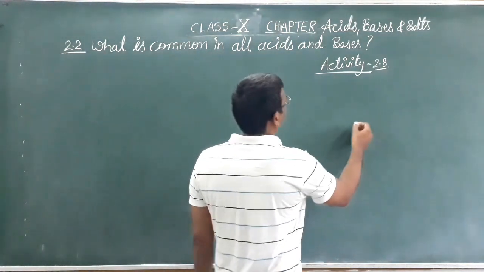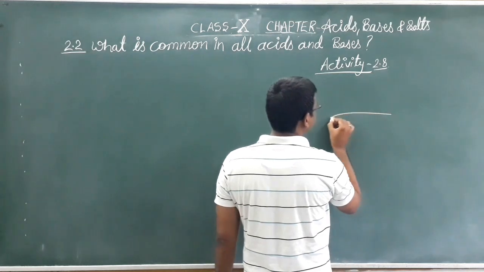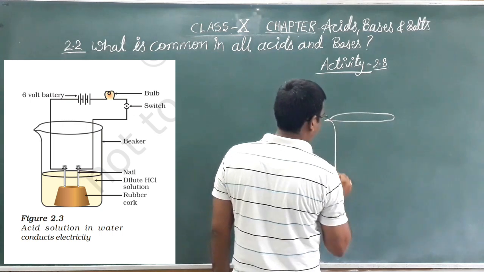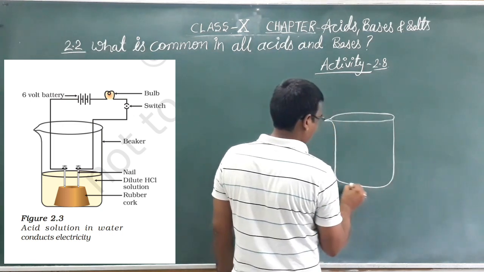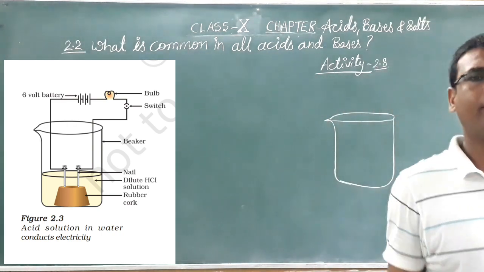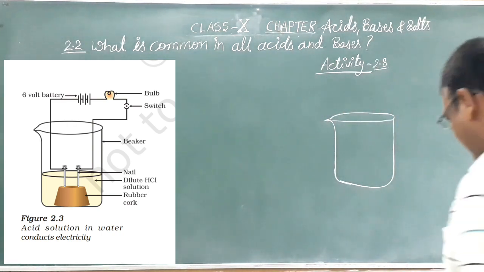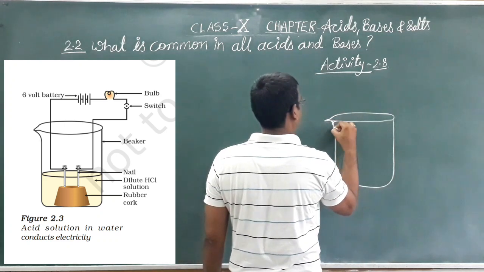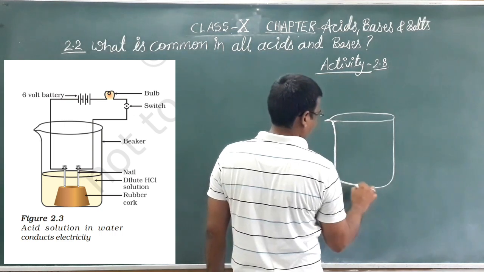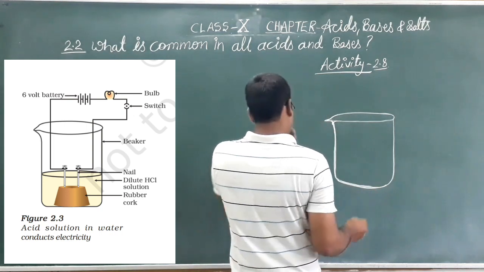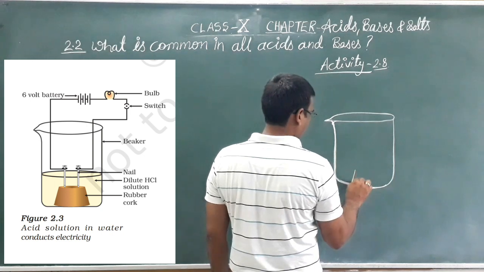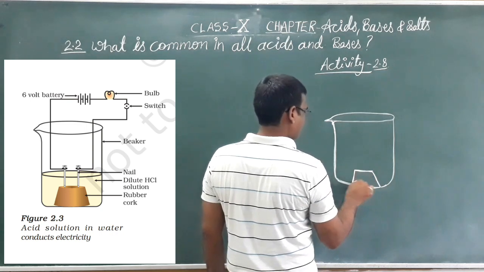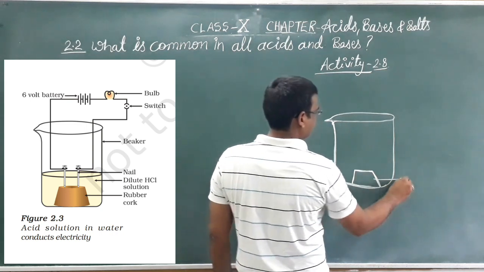Now what is this activity 2.8? Look here. In the figure, you may see one beaker. In the beaker, on the bottom, one cork is kept.